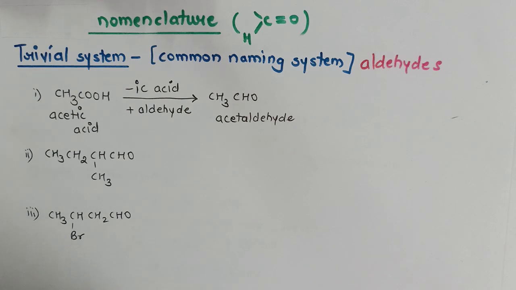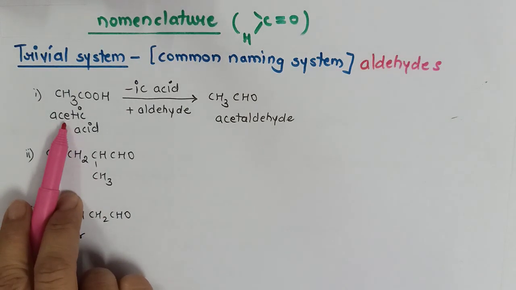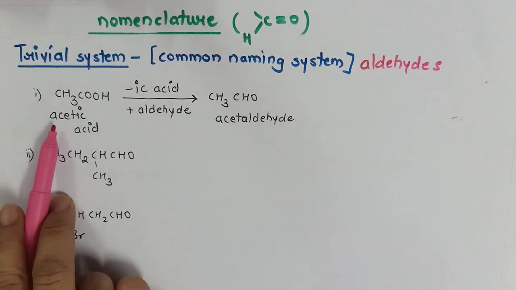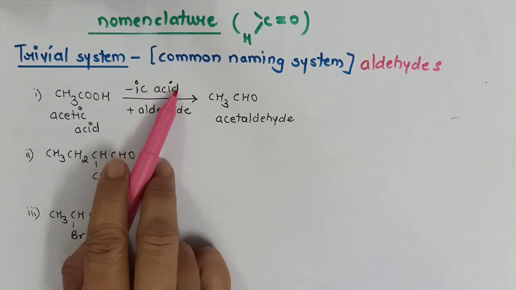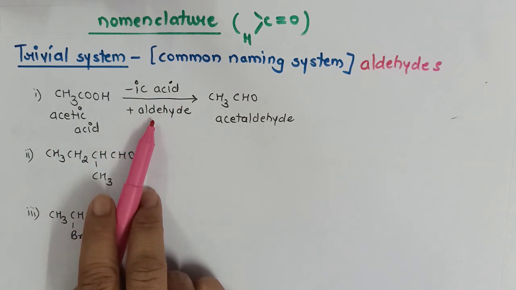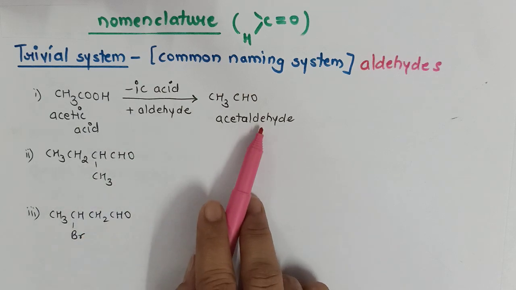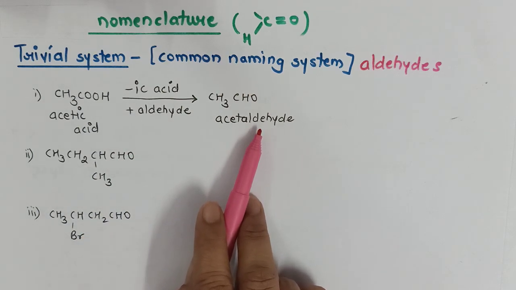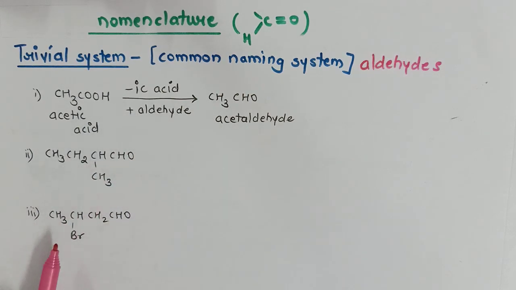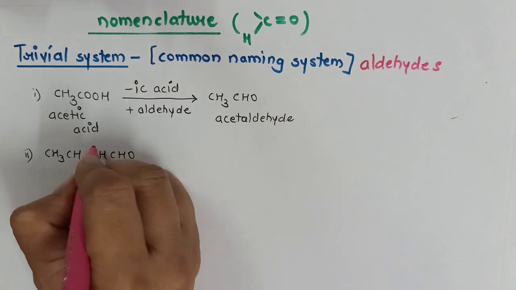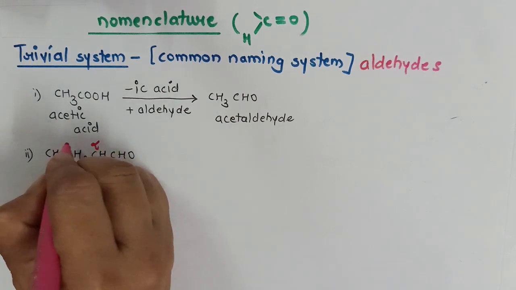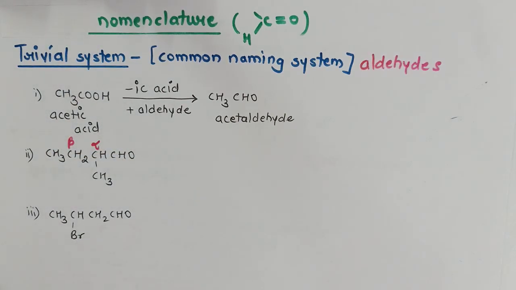For example, if the aldehyde is derived from acetic acid, the ending IC acid will be replaced by the word aldehyde, and therefore the name will be acetaldehyde. Now if there is branching, then we follow the nomenclature of alpha, beta, gamma. From our 11th class knowledge, we know this is the alpha carbon atom, this is beta and so on.